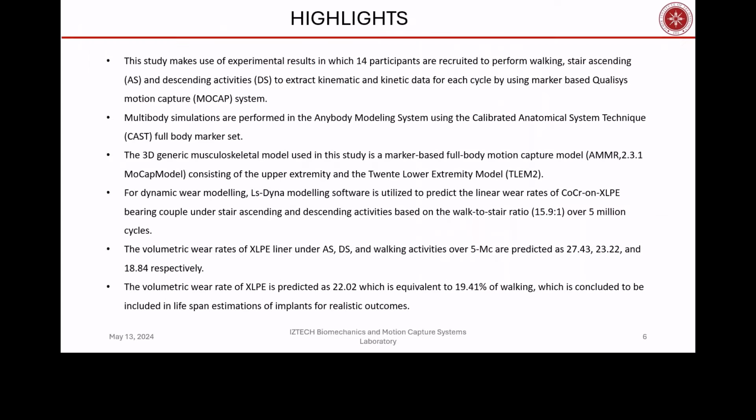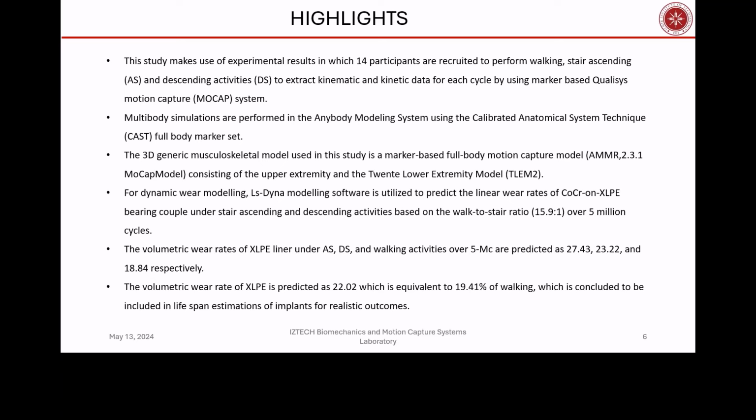So today we will mention this study where we have recruited 14 participants to perform walking, stair ascending, and descending activities, in which we derived kinematic and kinetic data after we collected the data from Qualisys. So we used CAST, Calibrated Anatomical System Technique, full body marker set.